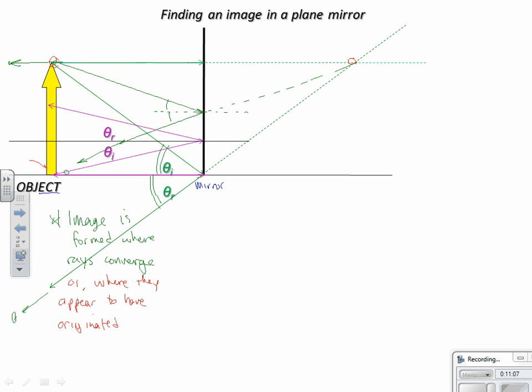And we know that this ray coming out here and this ray coming out here are never going to converge out on the left, so we trace them back and look where it seems like they came from. It seems like they came from right here. So here's where the image of the bottom is. Here's where the image of the top is. Connect the dots. There's our image. Fair enough?